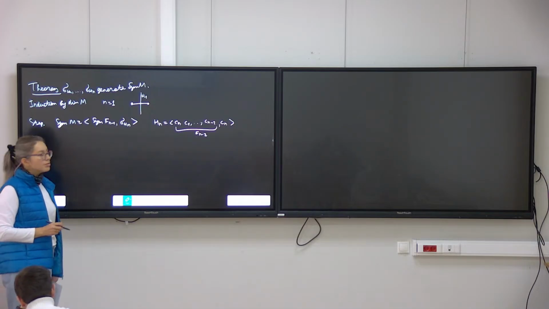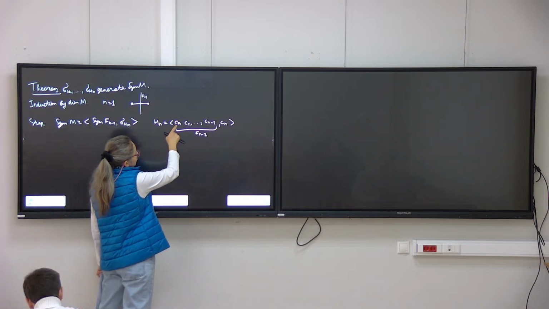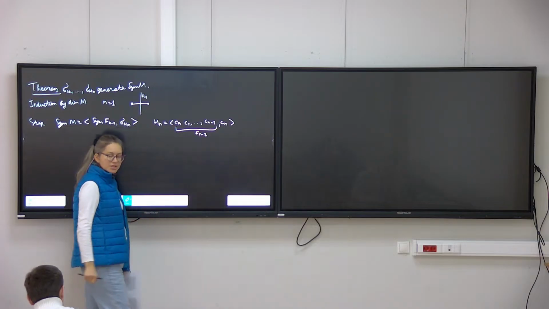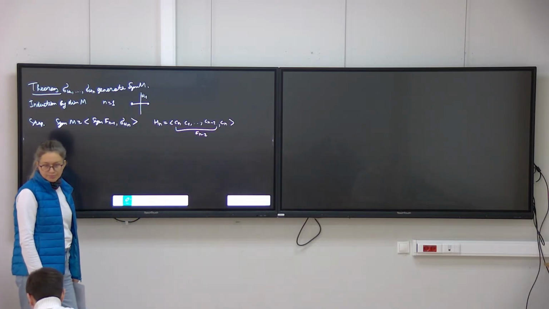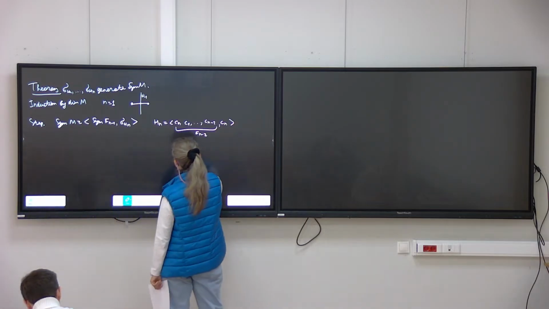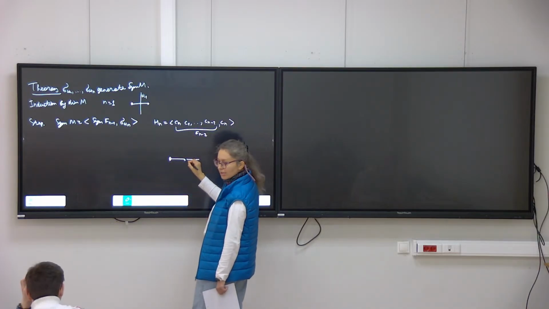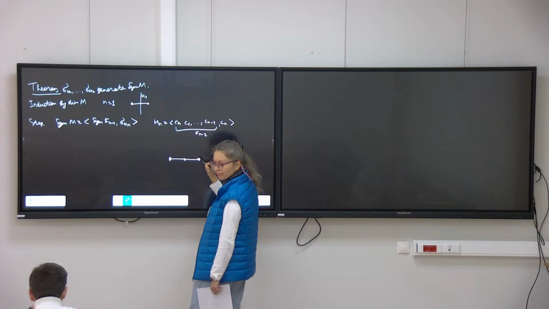Is it clear that any hyperplane which contains this, contains Fn minus 2? This can be done by induction. If a plane contains one end of the segment and its center, then it contains the whole segment.